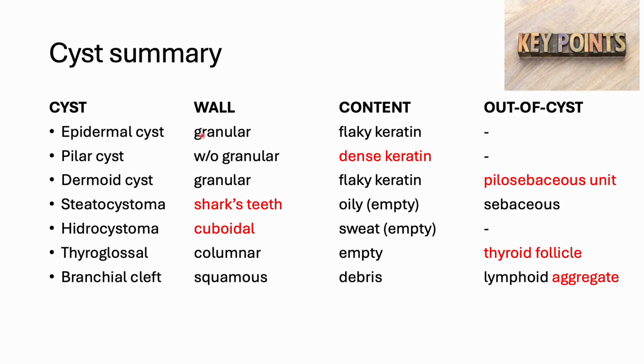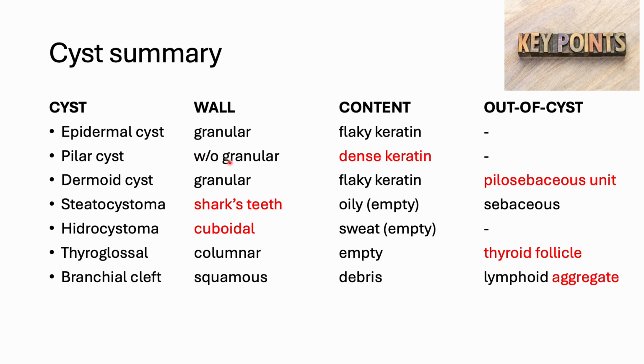Again, we use different types of wall, different types of cyst content, and what is outside of the cyst. We use those three features to categorize different types of cyst. Epidermoid cyst, we know very well. The wall has a granular layer, it has flaky keratin, and it does not have outside-of-cyst material.